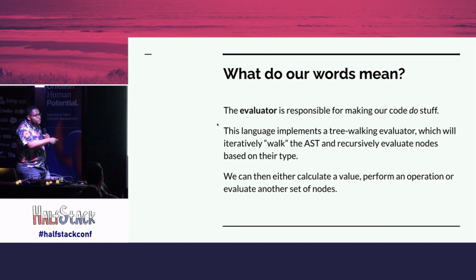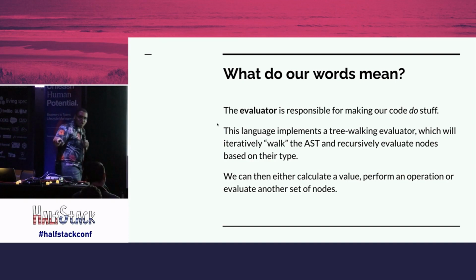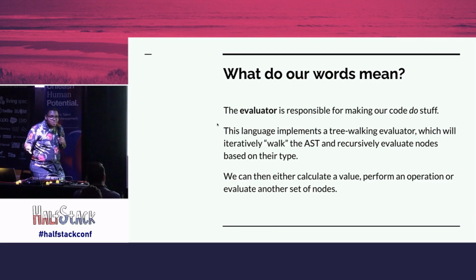So in this particular case, you can build a tree walking evaluator, or you can build any evaluator you want. And this is the best bit. Any piece of your programming language, you can swap out and replace with something else at any time, because you build the language and all the discrete parts, the lexer, the parser, and also the evaluator, can be swapped out for one another. You can build whatever you want.